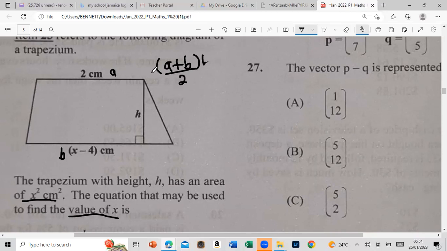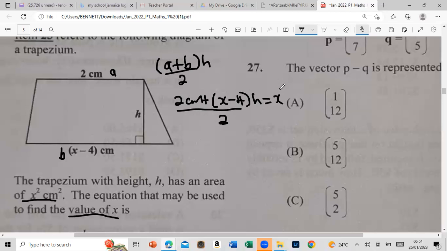So let's put things in perspective. We're going to put what we are given. So it's 2 centimeters. Do I have to put the unit? No, I don't necessarily have to put the unit. That is the same unit. So we're supposed to add that and then divide by 2 times the height. We don't know what the height is, and that must equal x squared.